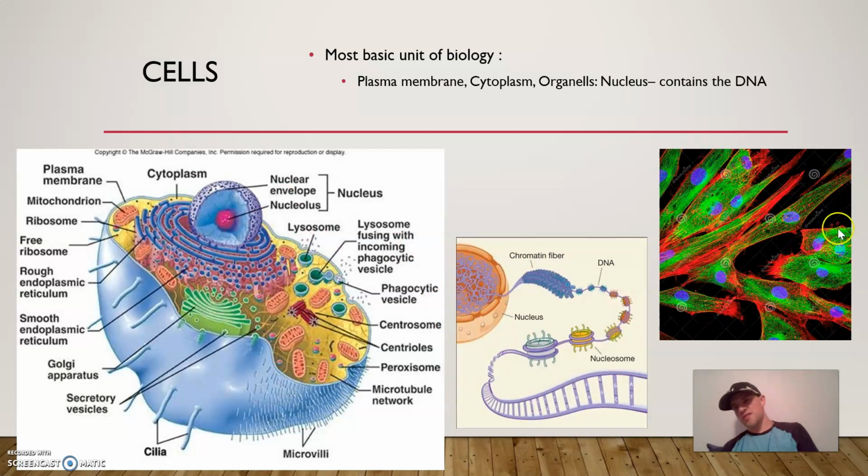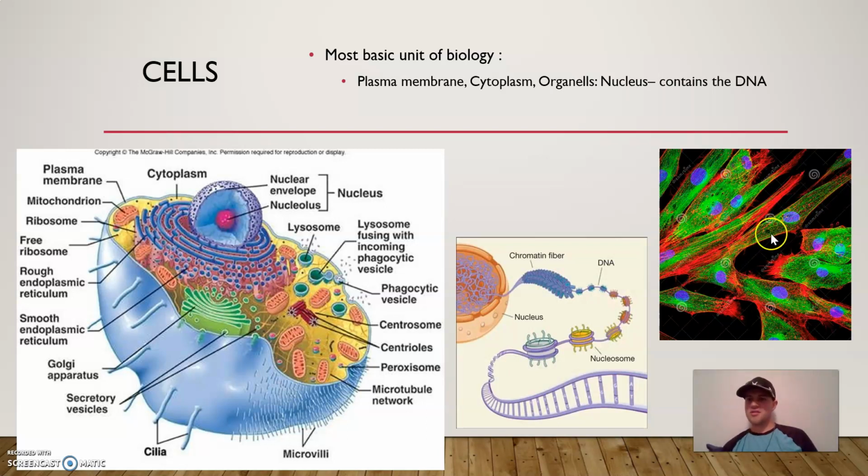So actually, these are what actual cells look like under a microscope. This is what I work with a lot, these things called fibroblasts. You can see right here, this blue is the nucleus, and the nucleus is stained blue. And then all around it is where the cytoplasm and all the organelles are. They're all very small. You can't see any organelles because they're too small for the naked eye.